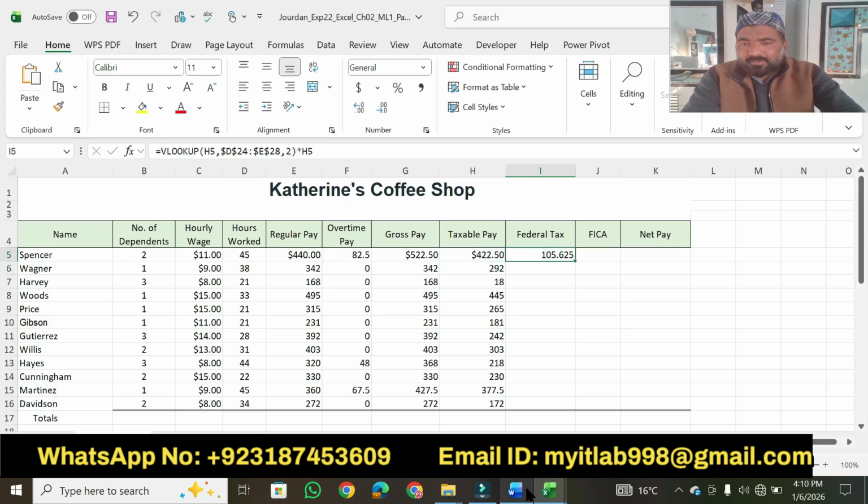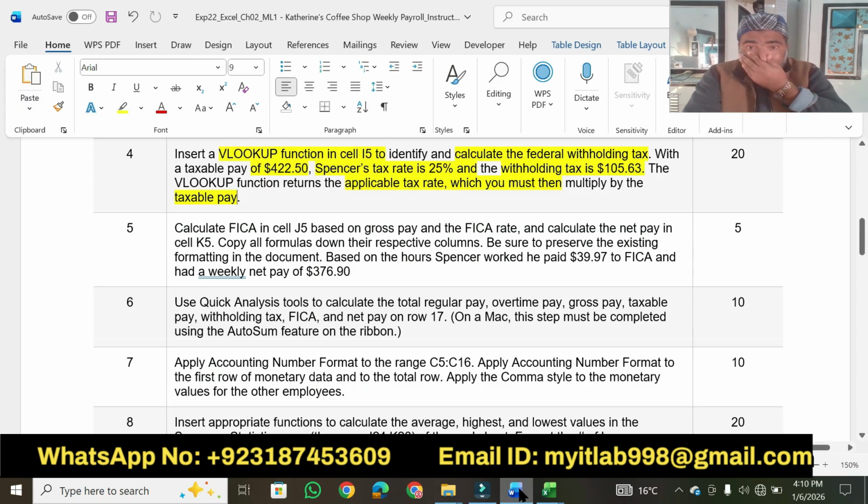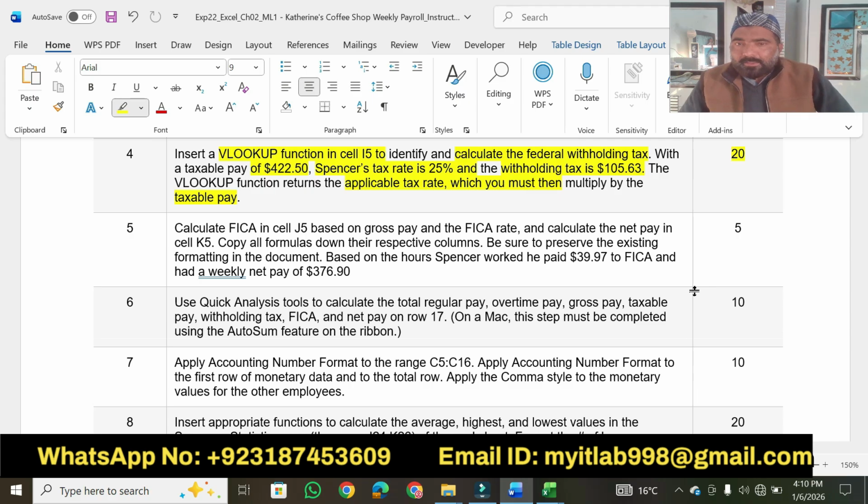Okay, so question number 4 is done, and we have earned 20 marks from there. So in question number 4 we have to insert a VLOOKUP function in cell I5 to identify and calculate federal withholding tax.